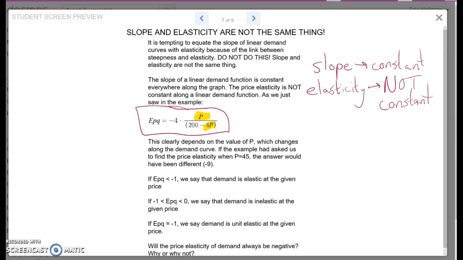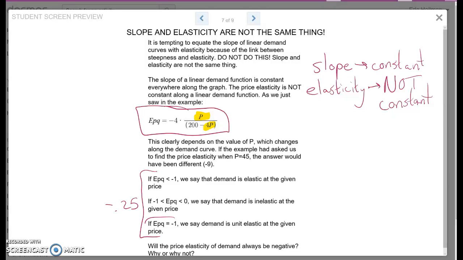Okay, and then there's just some vocabulary guidelines down here. If elasticity is less than negative 1, we say that demand is elastic at that price. If elasticity is in between 0 and negative 1, so that would be the case of the example that we just did, we got negative 0.25, I would say the demand is inelastic at that price.